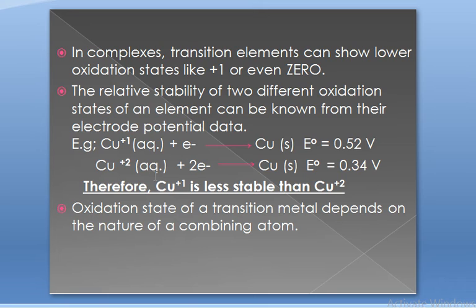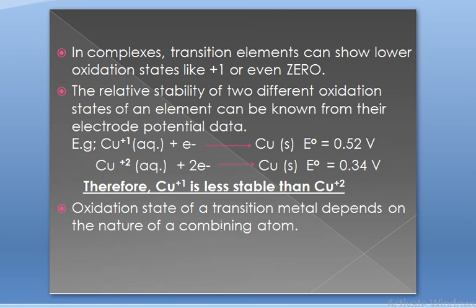Whereas Cu+2, when it accepts electrons and converts into copper, it is 0.34, lower than this, which means that Cu in its +1 oxidation state is less stable. That is why it gets reduced and converted into copper solid element, right? The higher the electrode potential, the less stable is that oxidation state of that element. Based on these results, we have written Cu+1 is less stable than Cu+2, right?